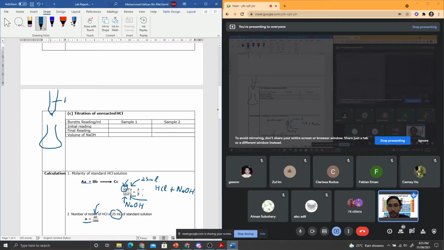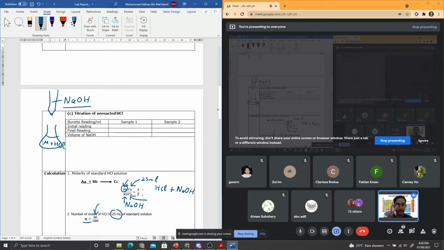So we have NaOH above, and we titrate it against the metal strip, metal M, which we dissolve in HCl, where we already know the moles of HCl. So we titrate, and then you will get the volume of NaOH used.